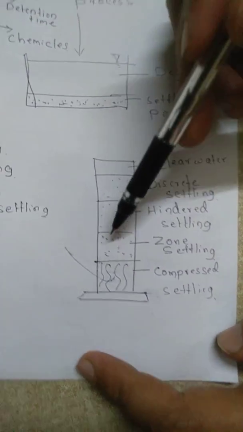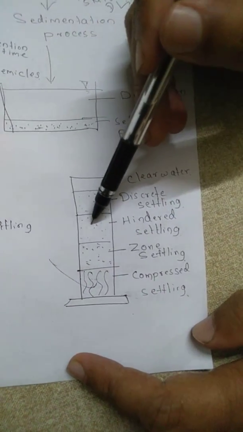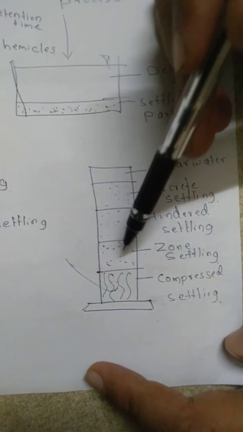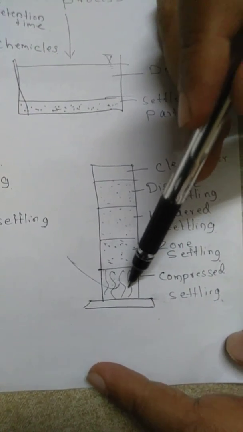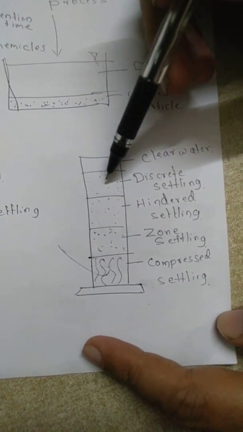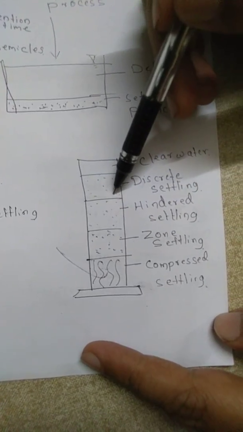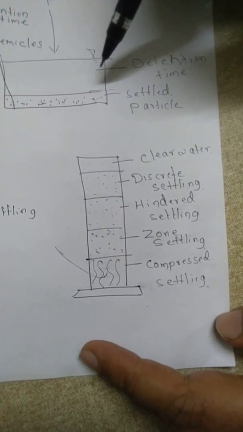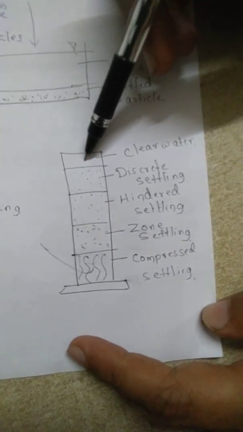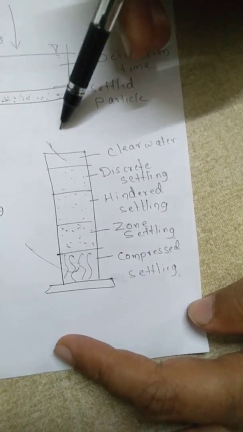The concentration of suspended particles reduces as we come up, because the suspended particles become less as we go from compressed to hindered. Then coming to discrete, the concentration of suspended particles reduces still further as compared to the hindered settling. After giving some amount of sedimentation time, at the top we are going to get the clearer water.